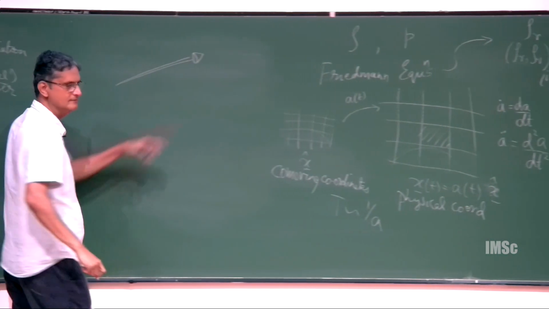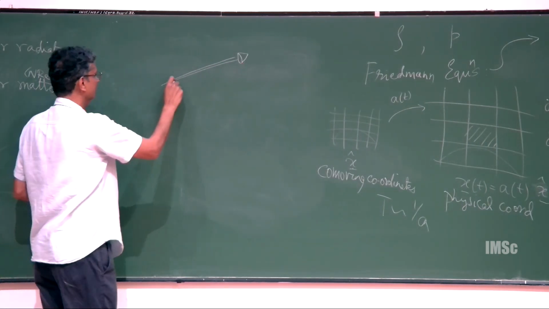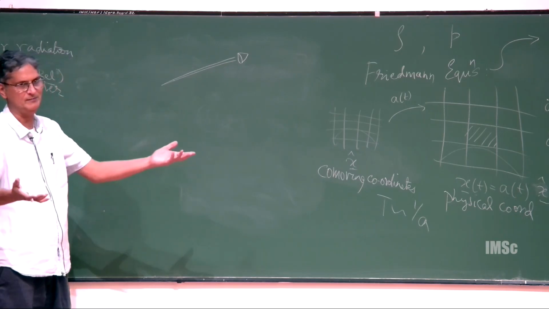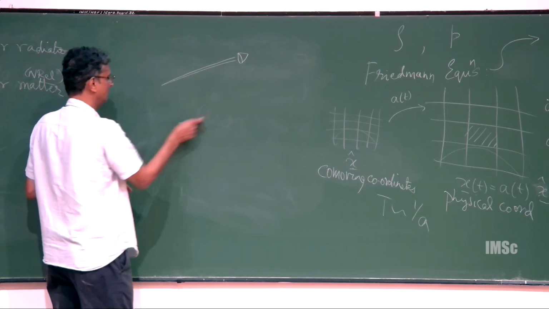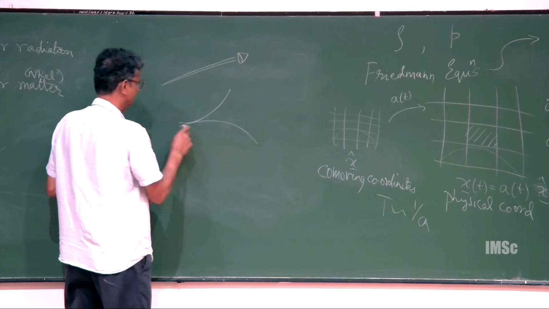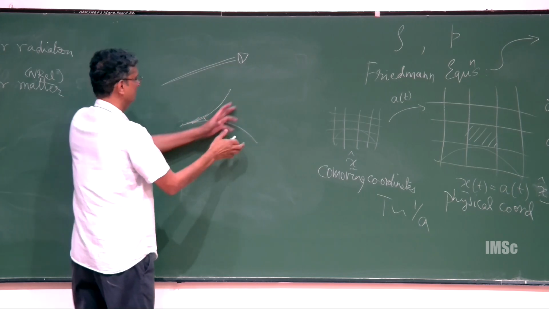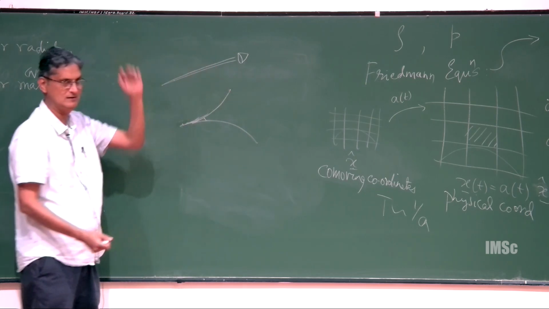This is my eye, right? So if it is a flat universe, the apparent angle and intrinsic angle are the same. But if you have negatively curved, I believe if you have a certain angle, the measured angle will be more, right?